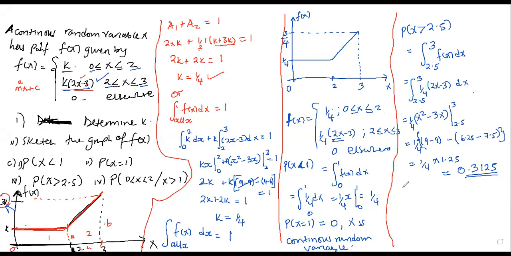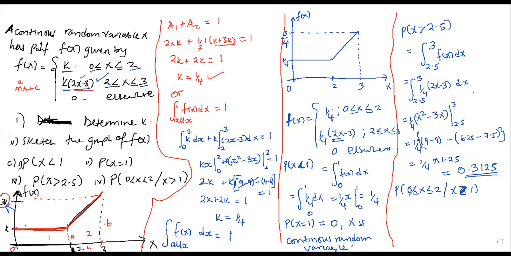Okay, the last one says probability of 0 less or equal to x less or equal to 2, given that x is greater than or equal to 1. Now, this is conditional probability.